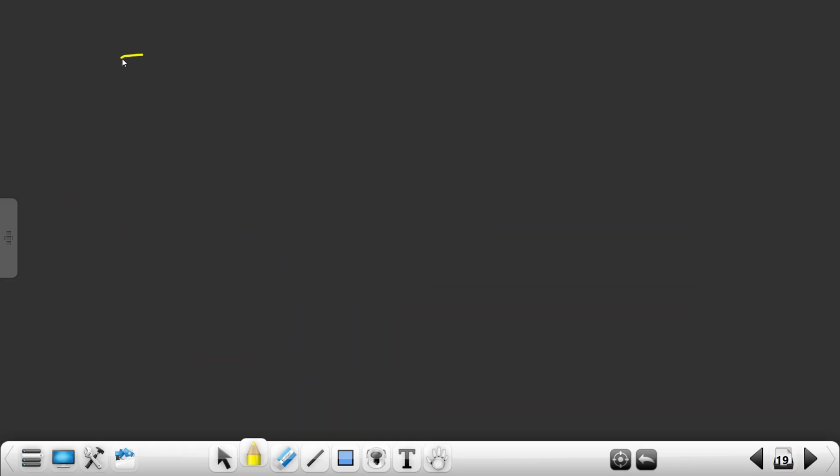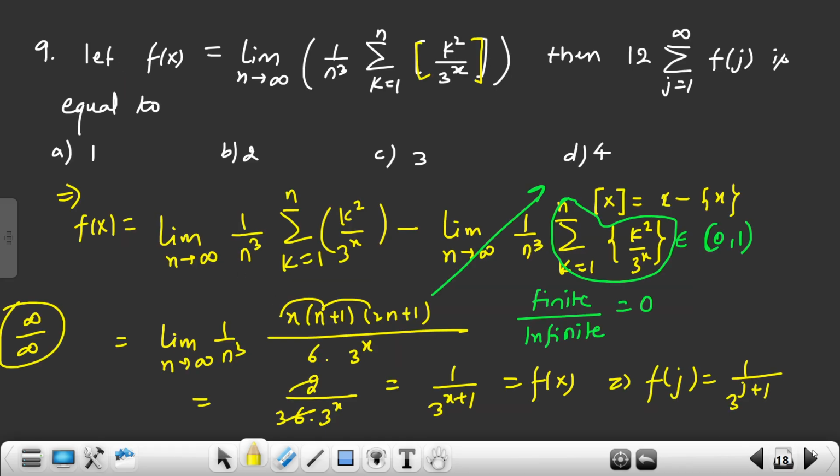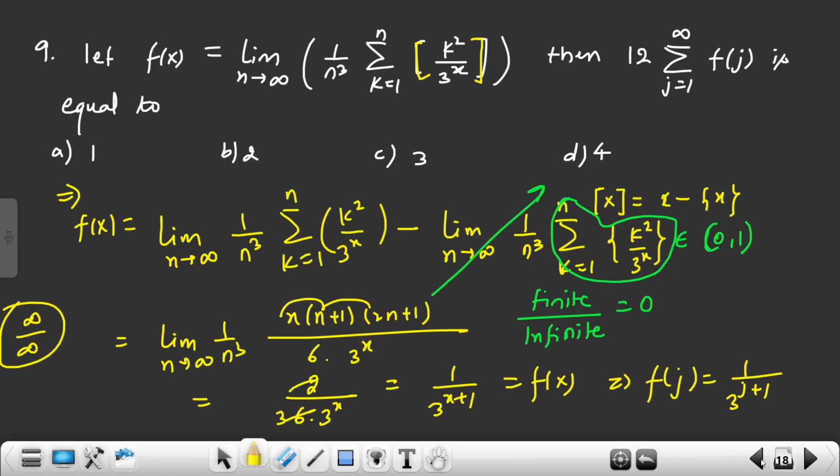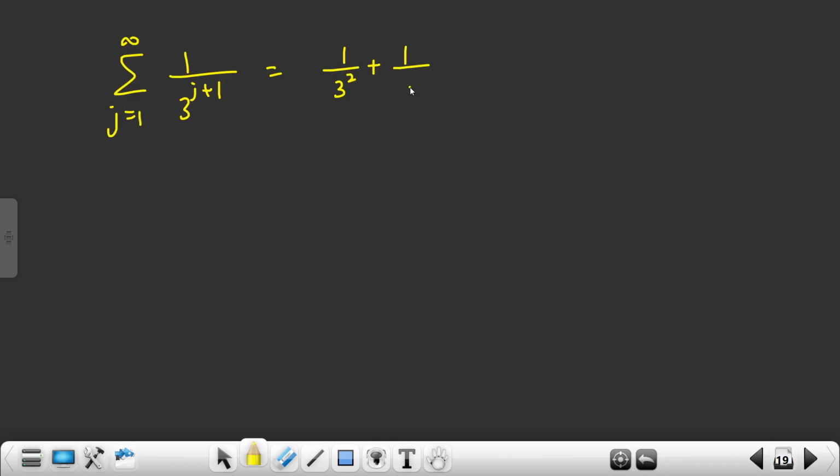Now we have to find sigma j equals 1 to infinity of f of j, and what is the f of j value? 1 by 3 power j plus 1. Now let's put j value 1. So 3 power 2, then 3 power 3, then 3 power 4 and up to infinity.